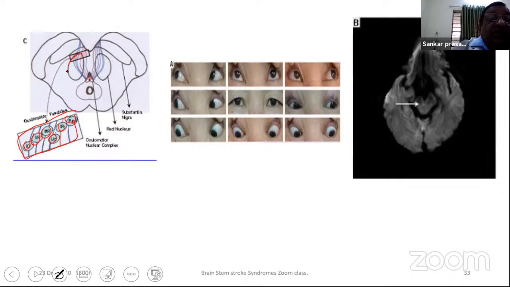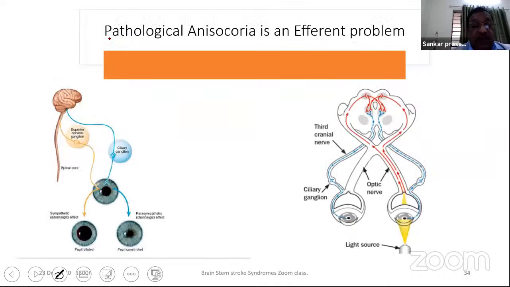So this is the oculomotor nuclear complex, and this is the red nucleus, and this is a substantia nigra, and this is a crus cerebri. So you see this diagram, you remember from midbrain. Midbrain has these important aspects, and because brainstem stroke syndromes are dependent on your knowledge of brainstem anatomy, right?